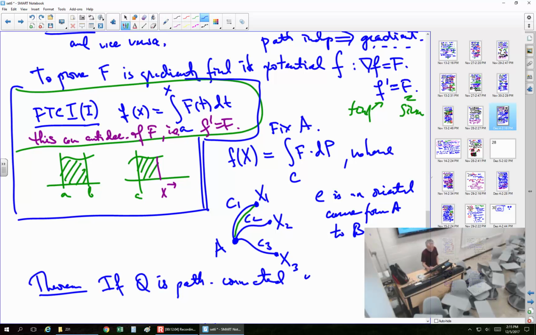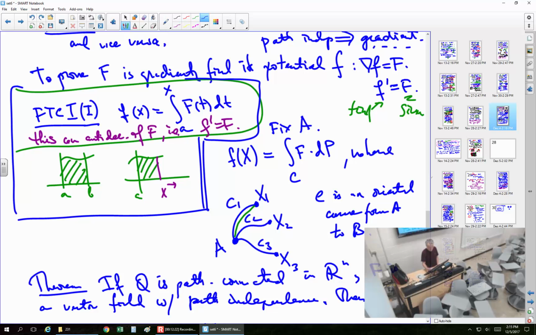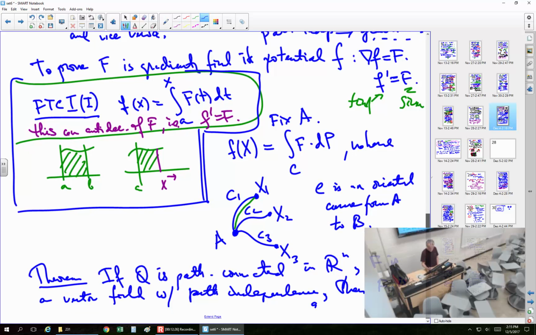So if Q is a path connected subset in Rn, and suppose F is a vector field with path independence, then F is a gradient.